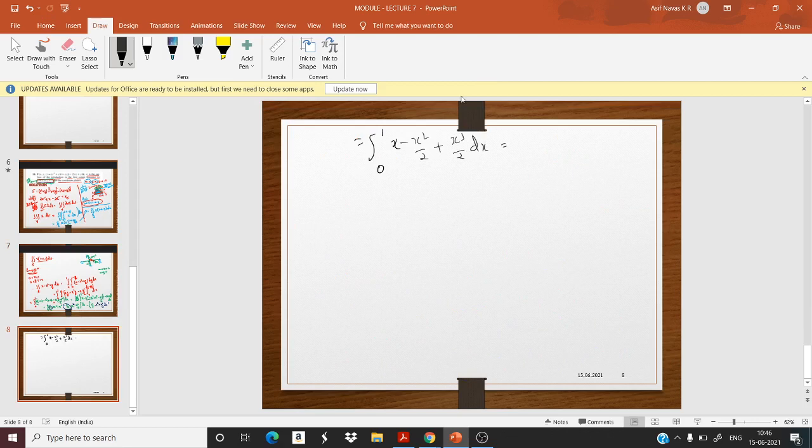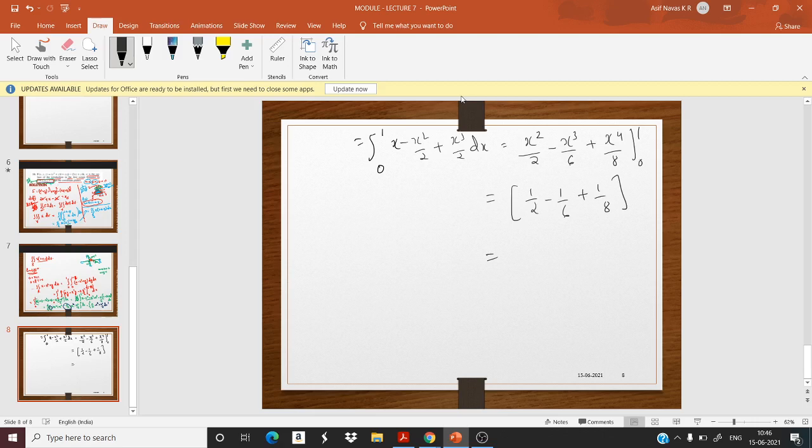Okay. If you integrate this, we get x square by 2 minus x cube by 6 plus x raised to 4 by 8, from 0 to 1. So this is 1 by 2 minus 1 by 6 plus 1 by 8.